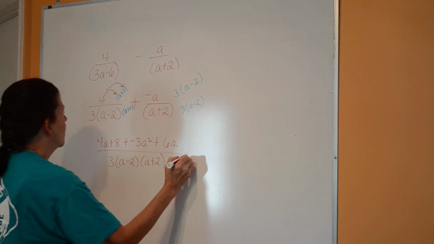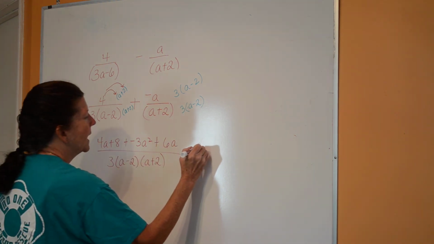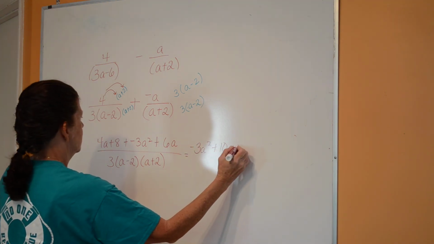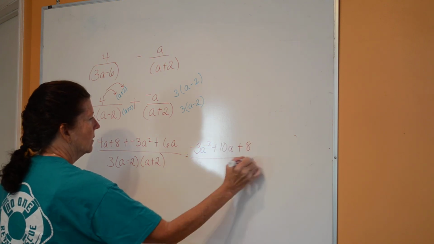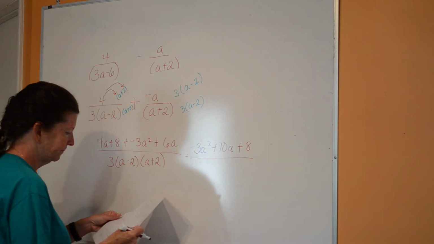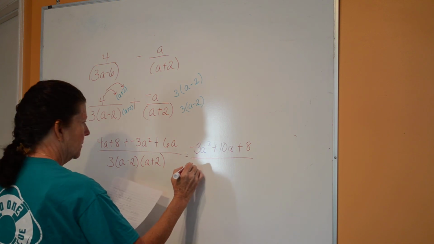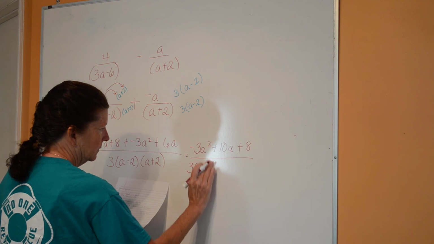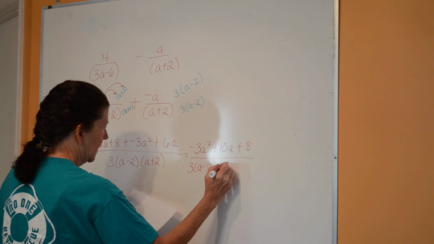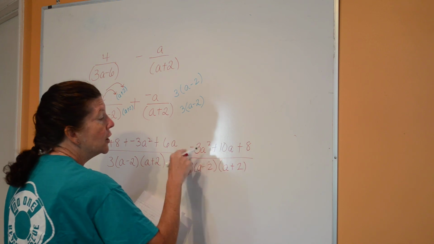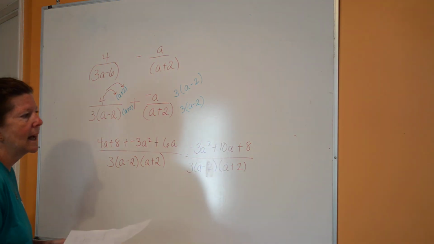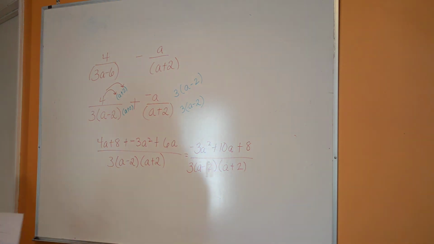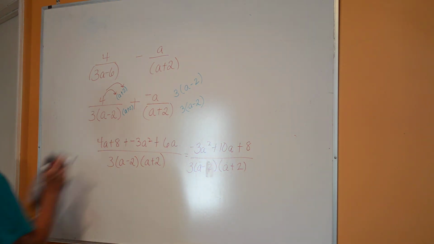All right, so then when I combine like terms, I have a negative 3a squared plus 10a plus 8 over the 3 times a minus 2 times a plus 2. Okay, you could try and factor that, but it actually does not factor, so you just leave it like that. All right, you try one, and then I'll give you your homework.